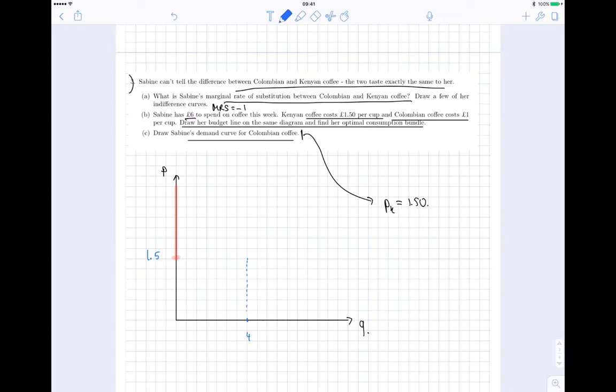Yeah, so at £1.50, she's indifferent, so I wasn't sure. So you draw a flat line. Yeah. And then you know that when the price is £1, she'll get 6, because we figured that out in the last one.